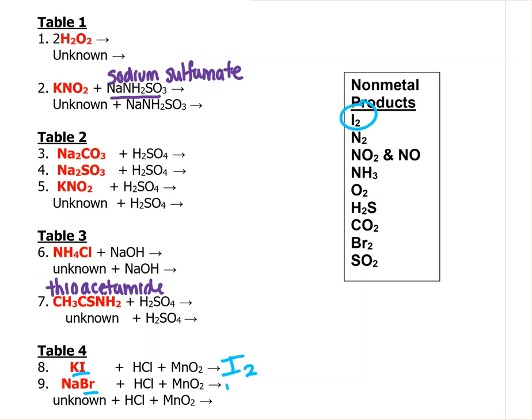This one gives that away. These are pretty easy because they look like that reagent. This one's a little different because it gives you two products. This one is pretty easy because NH4 makes NH3.